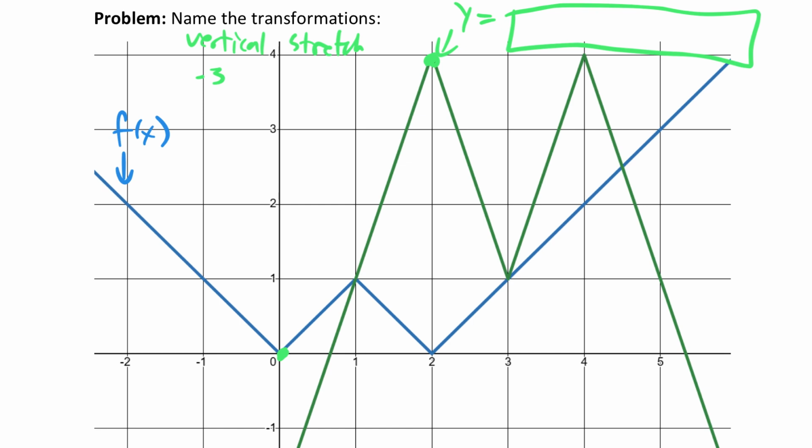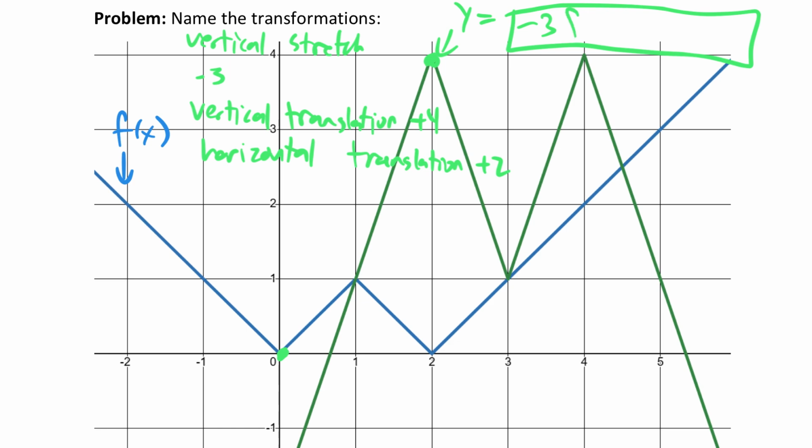In other words, I think we have a vertical translation of +4, and a horizontal translation of +2.